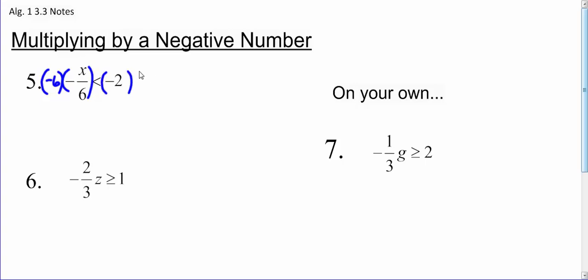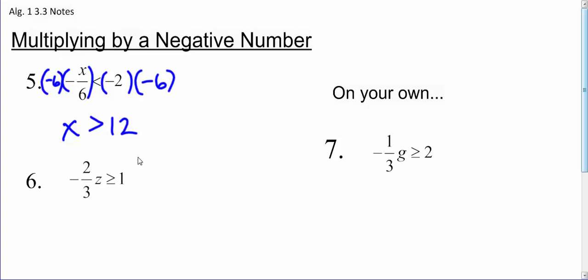I'm putting parentheses around these so it actually looks like multiplication. That gets rid of the negative 6's on the left. It just leaves me with an x. But what it does is force me to switch the inequality to be greater than, and it's negative times negative, so it's positive 12.